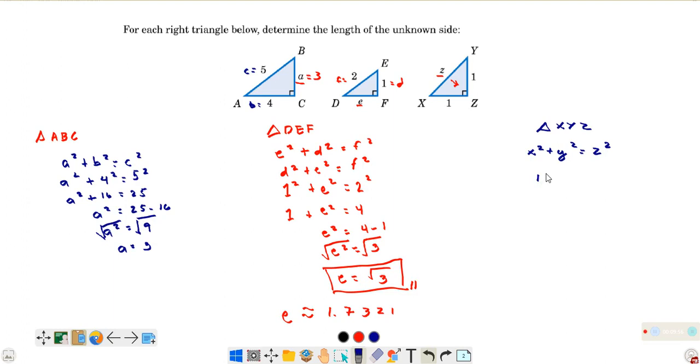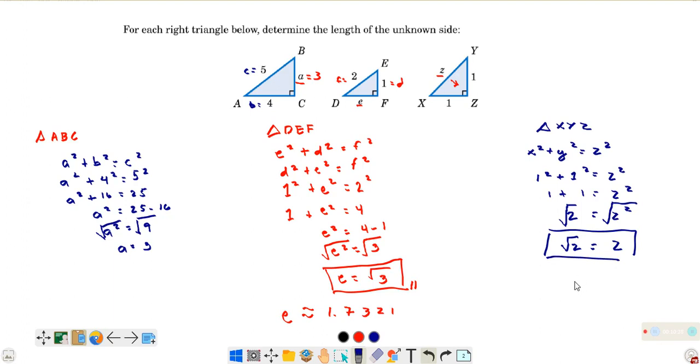We have here 1 squared plus 1 squared is equal to Z squared. So we have 1 plus 1 is equal to Z squared. 2 is equal to Z squared. To get the value of Z, kunin natin yung square root of both sides. So the square root of 2 is equal to Z. This is the final answer.